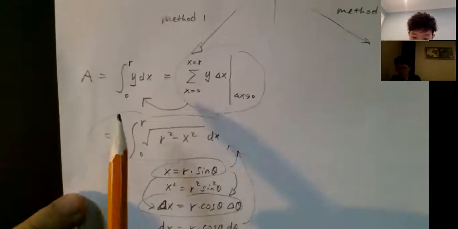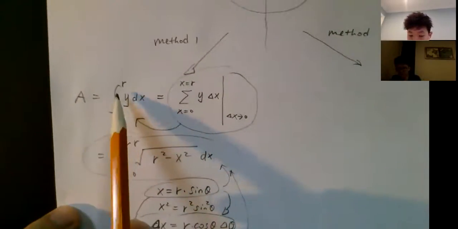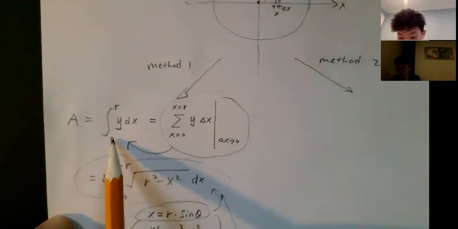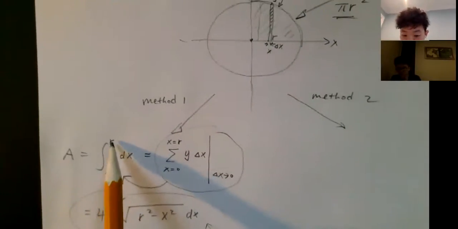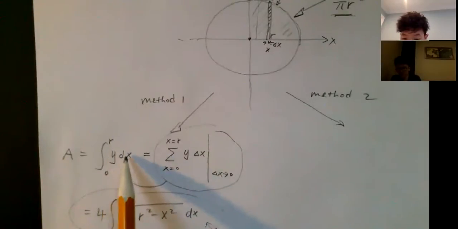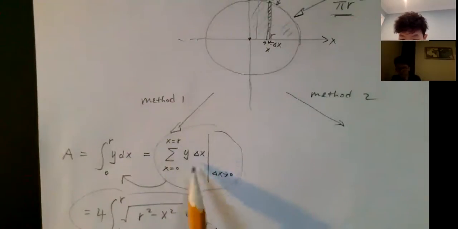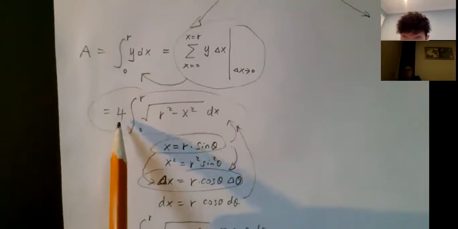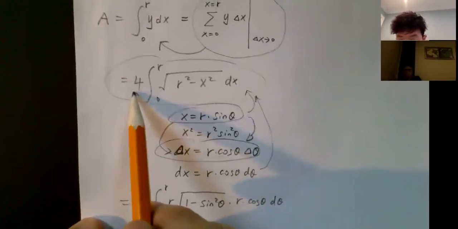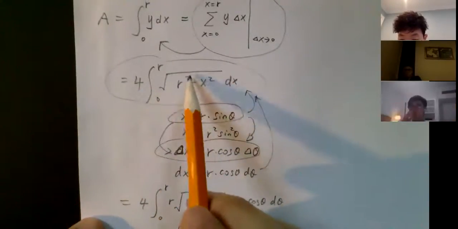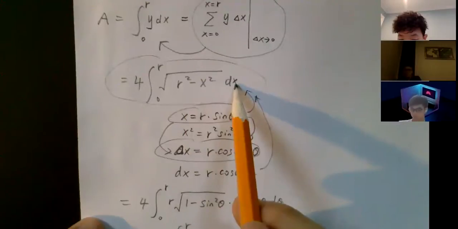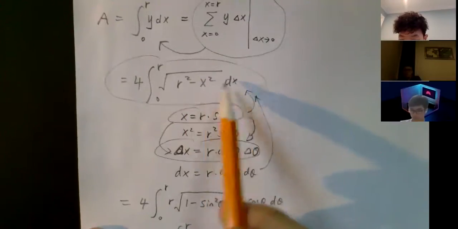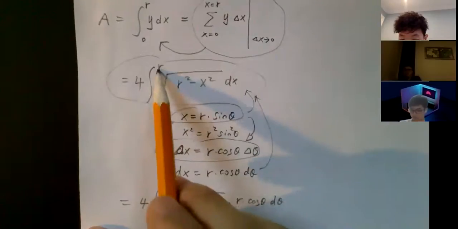That is what eventually becomes A equals the integral from x equals 0 to x equals r of y times delta x, which is what I just said. And of course I times 4 here because it is a 4-piece, and it has nothing to do with the derivation itself.